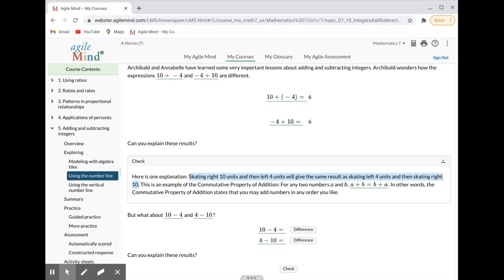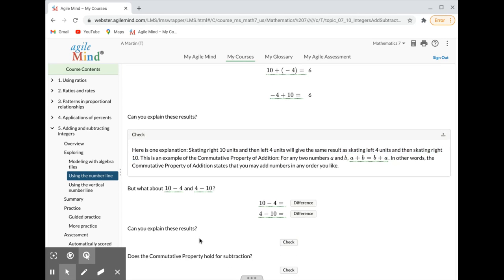And then what? What's it say on there? Oh, she skated left 4 units. Yeah. And so it says that gives the same result as skating to the left 4 units and then skating to the right 10 units, just like Grayson said. All right, so let's take a look at the next one.